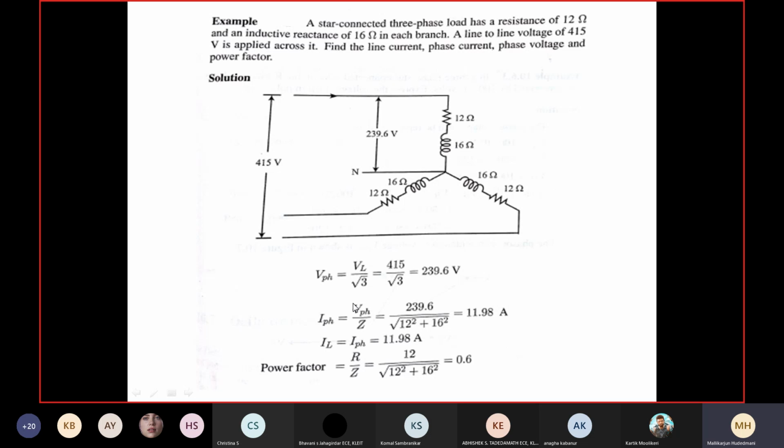In case of star connection, IL equals IPH. Therefore, IL equals IPH equals 11.98. You did the work. Line current is complete, phase current is complete, and phase voltage you did already. Phase voltage is line voltage divided by √3, 239.6. Then what is left is the power factor.